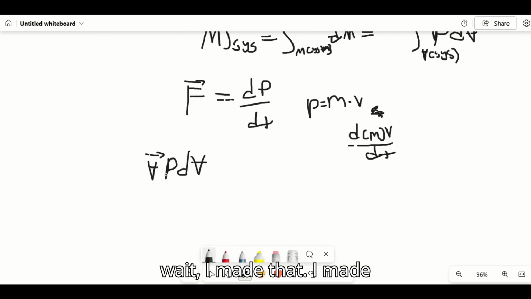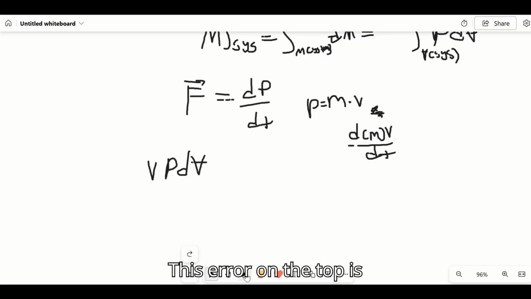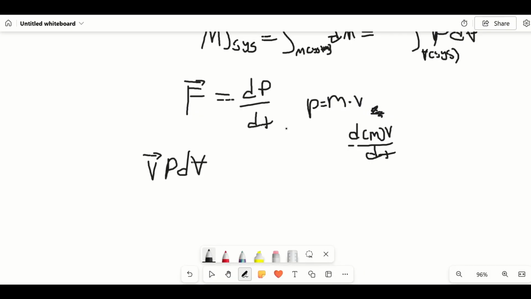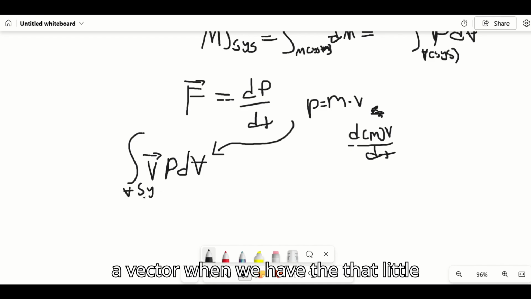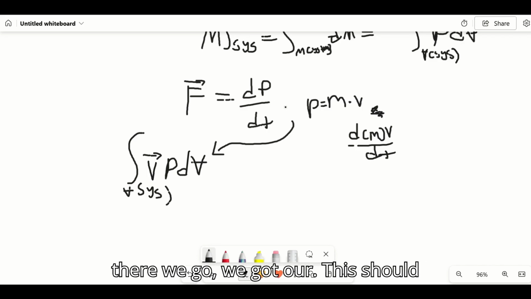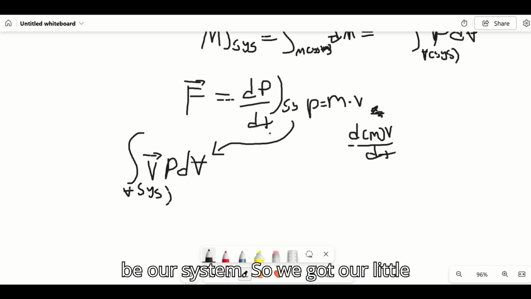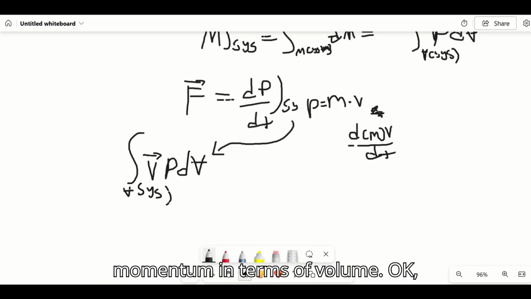This arrow on the top just denotes that this is a vector. So that's the volume of our system. There we go, this should be our system. We've got our little equation right here to represent linear momentum in terms of volume.